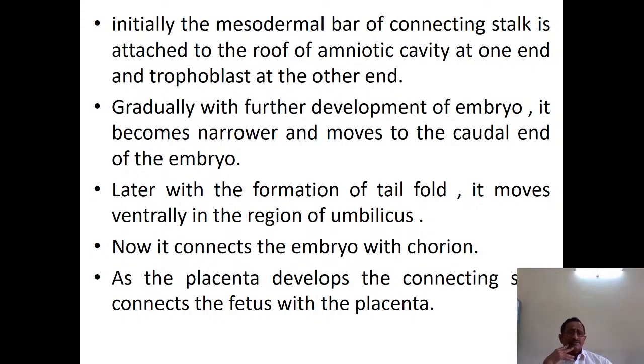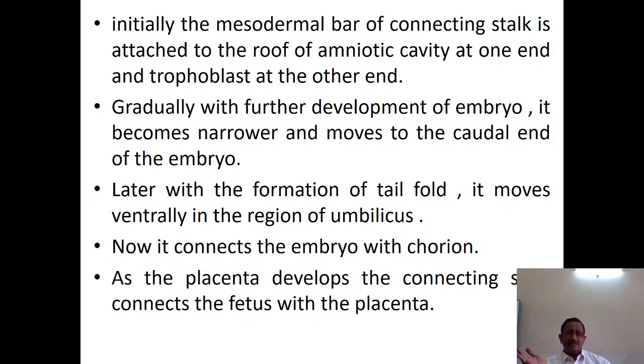Gradually, with further development of the embryo, it becomes narrower and moves to the caudal end of the embryo. Later, with the formation of the tail fold, it moves ventrally to the region of the umbilicus.